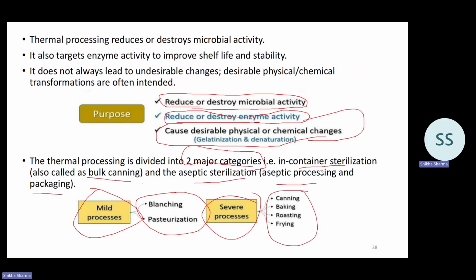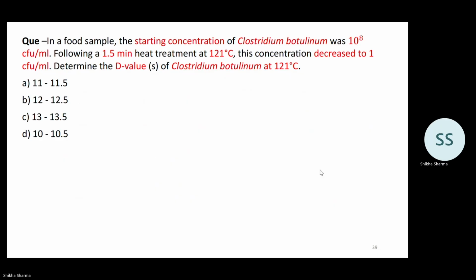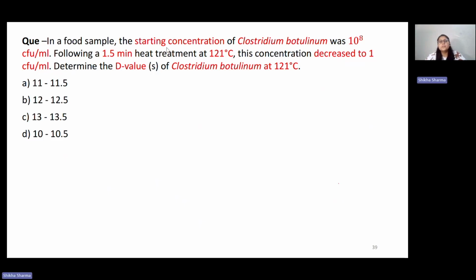Okay, let's move to the next question. This is a numerical based question. In a food sample, the starting concentration of Clostridium botulinum was 10 to the power 8 CFU per ml. Following a 1.5-minute heat treatment at 121 degrees Celsius, this concentration decreased to 1 CFU per ml.